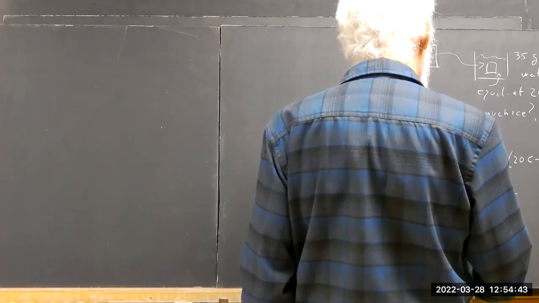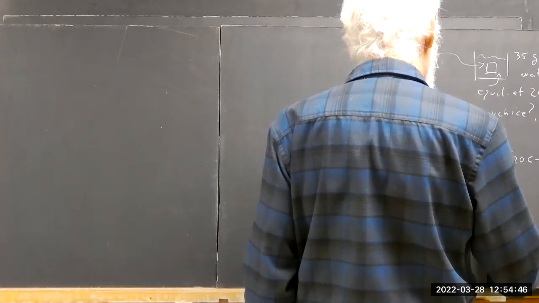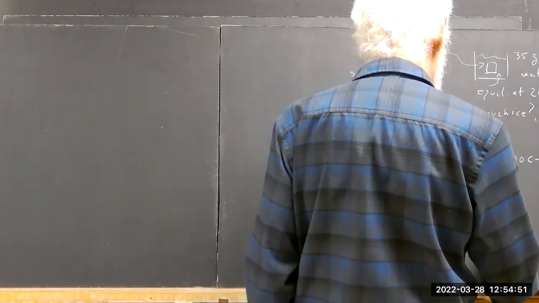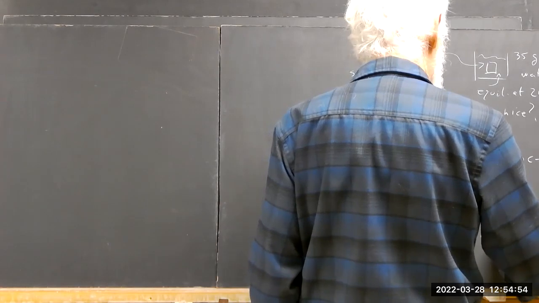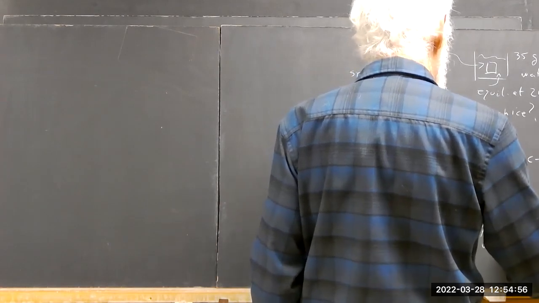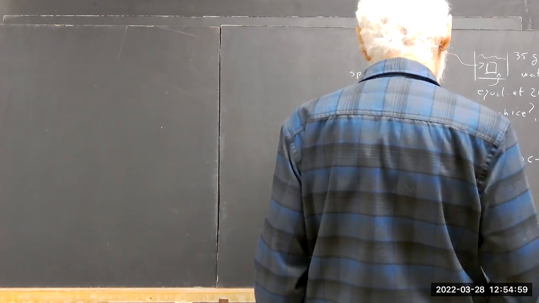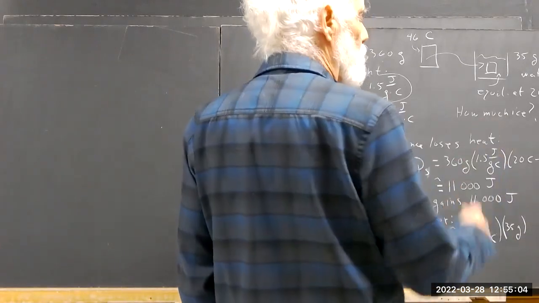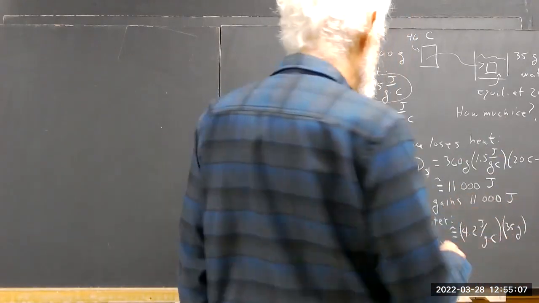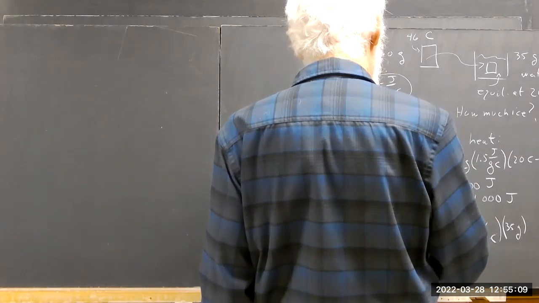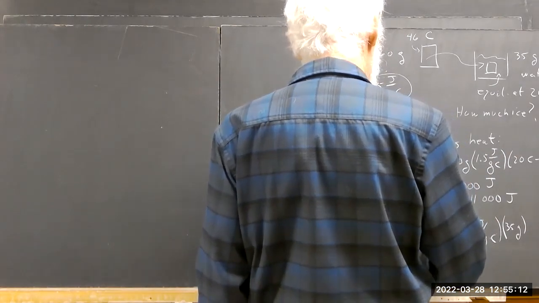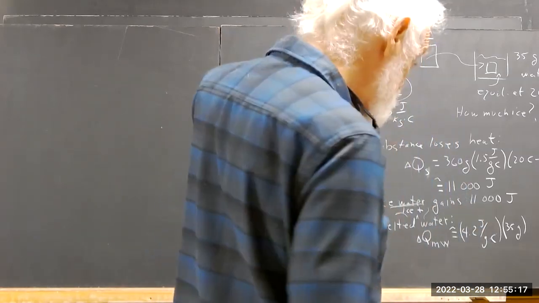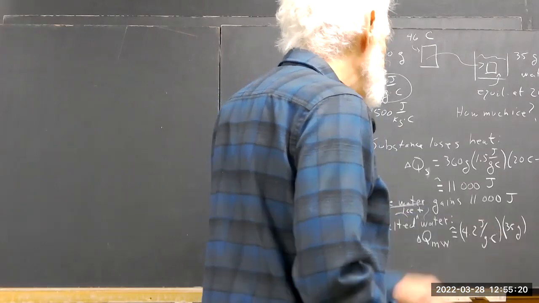It's approximately 4.2, it's a little less than 4.2, 4.2 joules per gram Celsius times, and I say melted water. This is ice water. It's a combination of ice and water. It's the ice that melts, melted ice and the water, okay? Gains heat.